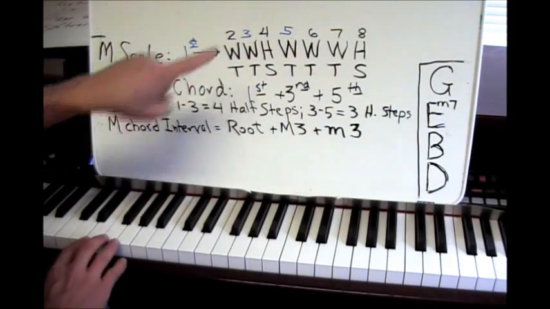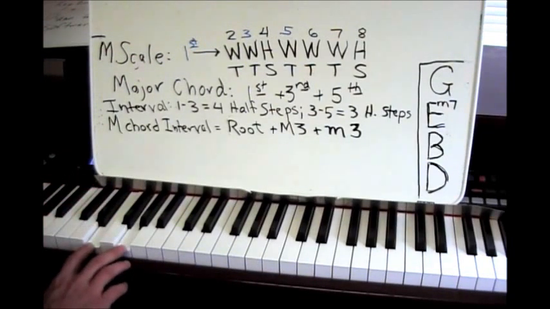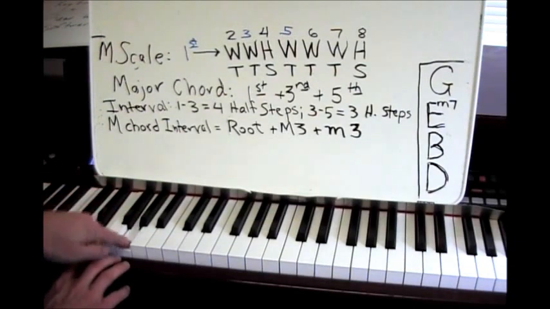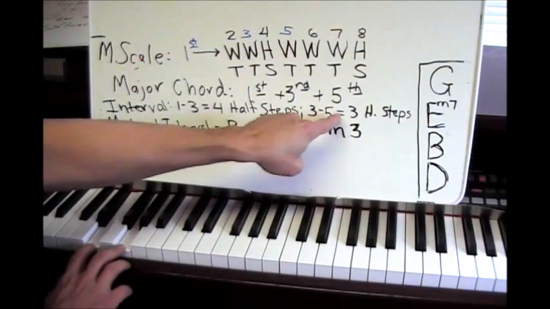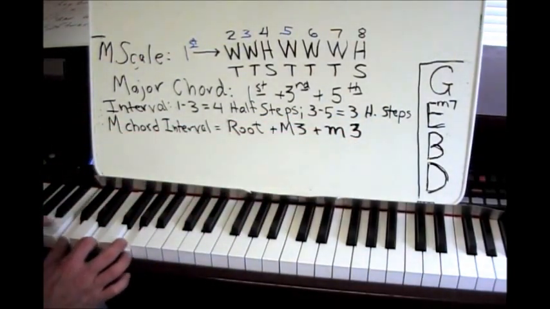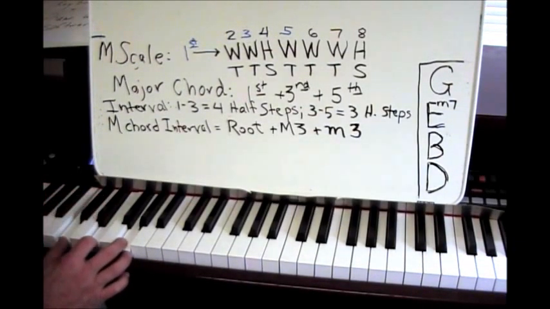And then the interval between 3 and 5, if we start on E and go up to G, is 1, 2, 3. It's only 3 half steps. So that's why I wrote 3 to 5 equals 3 half steps. So the interval is 4 half steps and then 3 half steps.